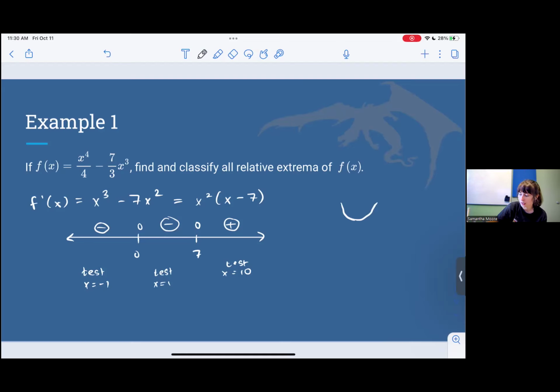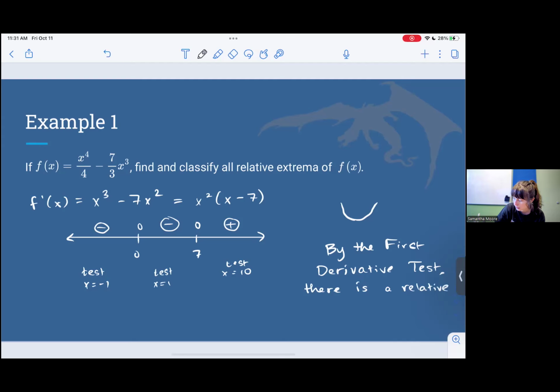And so by the first derivative test, we get to say that there is a local minimum or relative minimum at x equals 7, just by interpreting the fact that f prime goes from negative to positive.